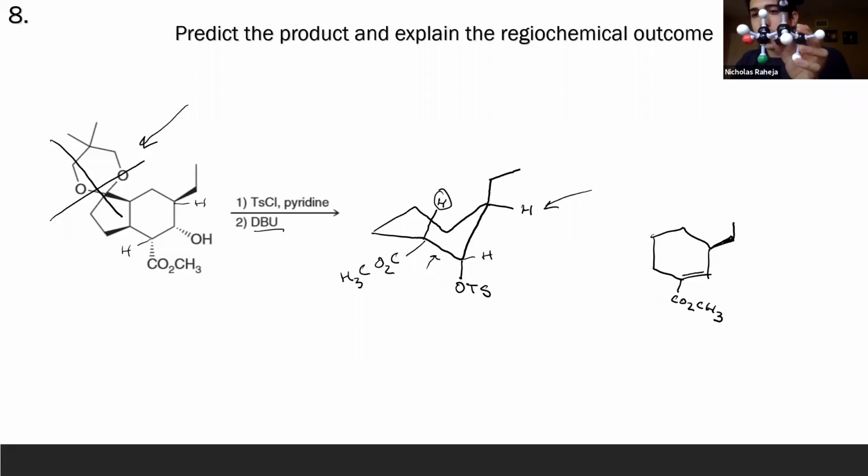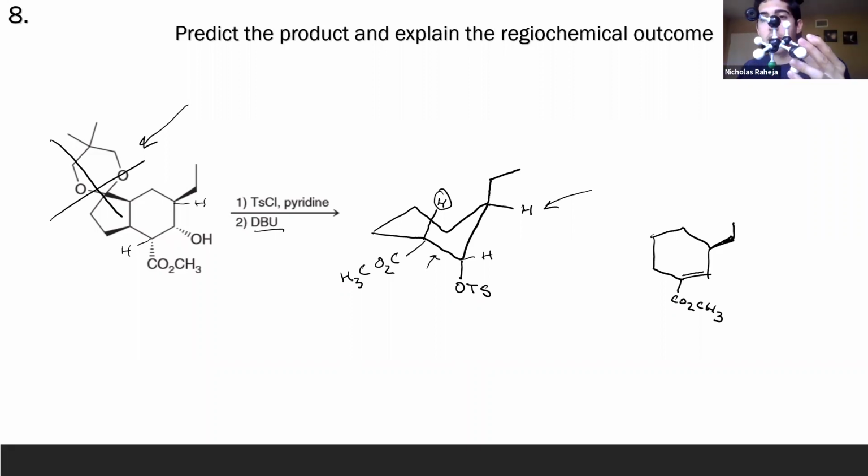Now, if you're looking from this direction here, you'll notice that this proton is anti-coplanar to your leaving group. Now if you look from the other direction, you notice that the ethyl group is actually anti-coplanar to your leaving group, but the proton is not.